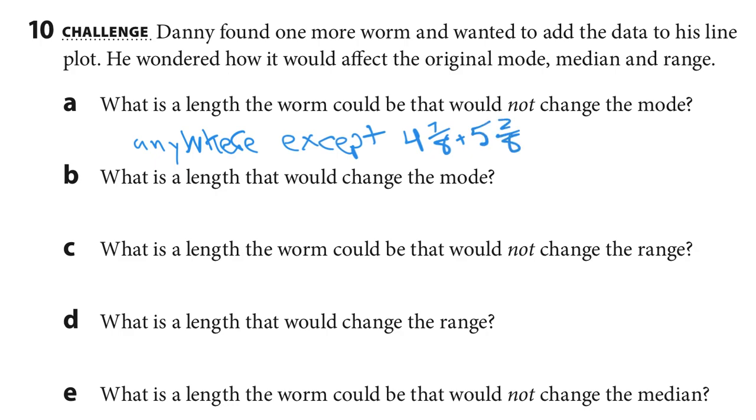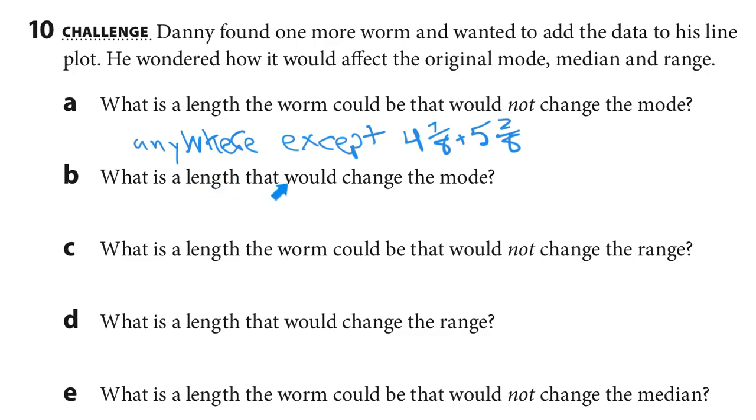Okay, does that make sense? Because if you're looking at your line plot, 5 3/8 has 3 X's. And that's the mode because it has the most. If you don't want to change that, you can't put X's on these two numbers or else they will now have 3 X's, and then you don't have the same mode.